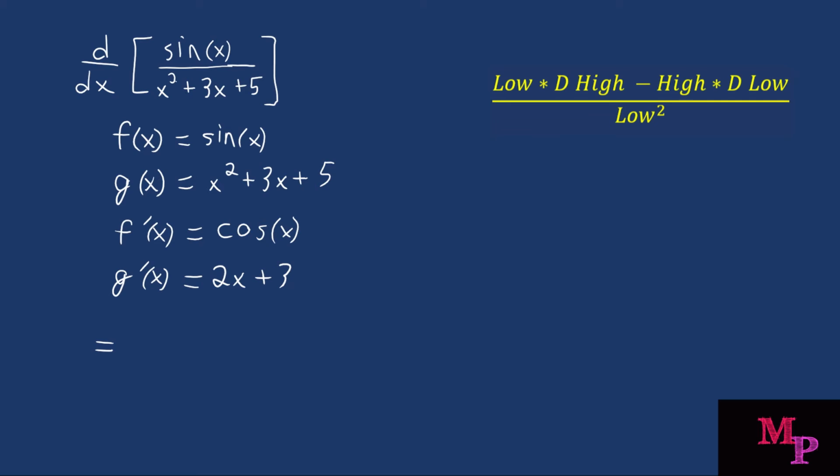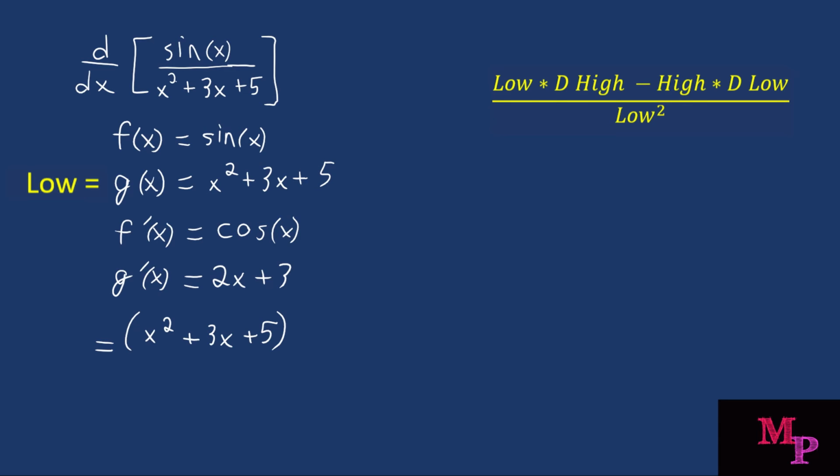So now that we got all of our terms, let's go ahead and plug it into our formula, right? So low d high minus high d low over the square of what's below. So low is just g of x, and we already found that to be x squared plus 3x plus 5, and I like to group it while I'm writing it out in parentheses.